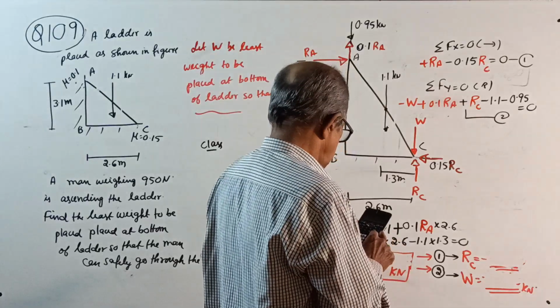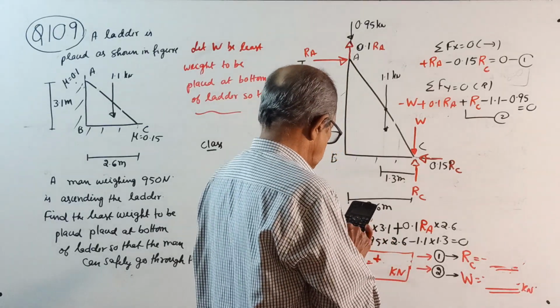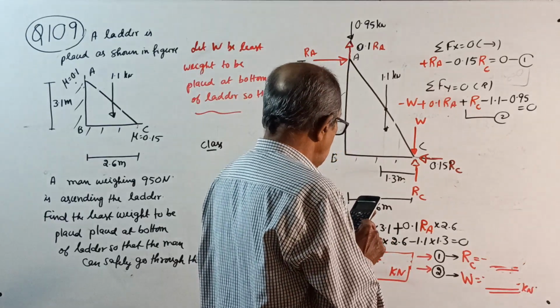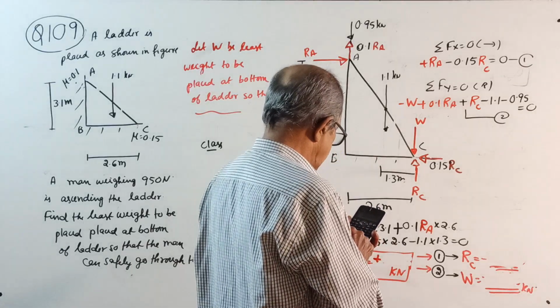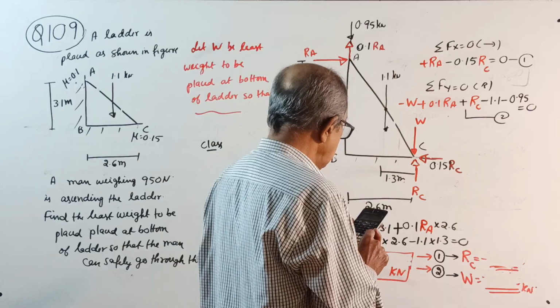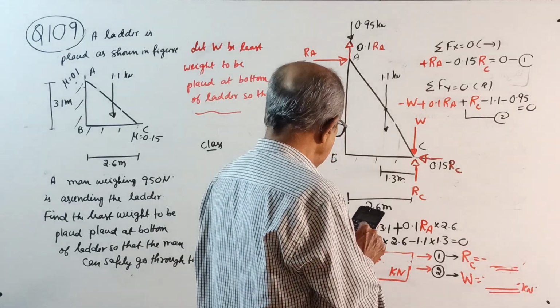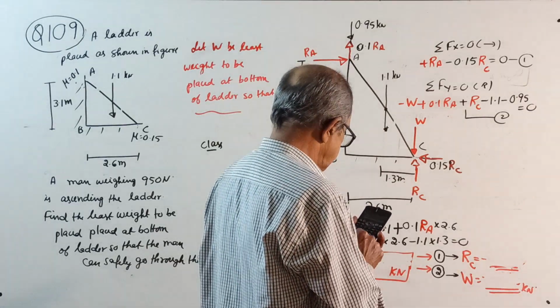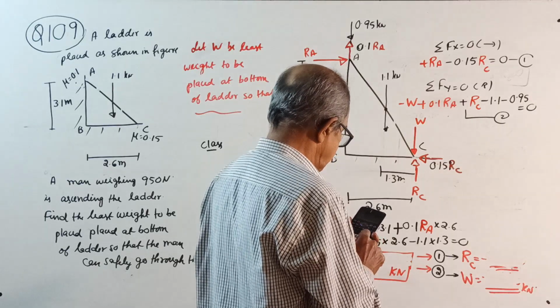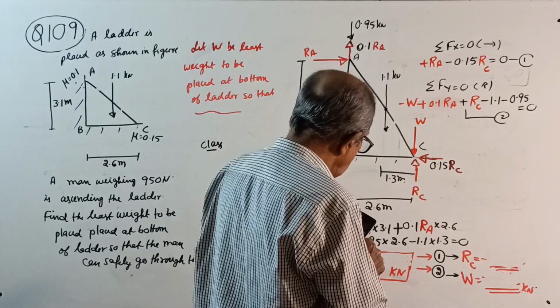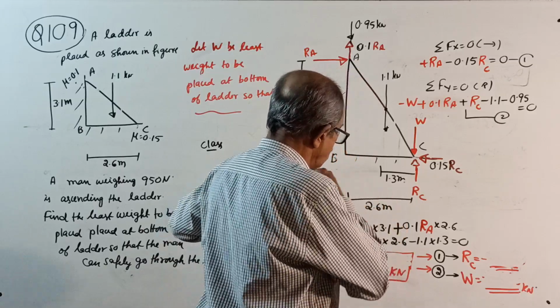Then 0.95 into 2.6 plus 1.1 into 1.3, divided by 3.1 plus 0.1 into 2.6. Ra is 1.161 kilonewton.